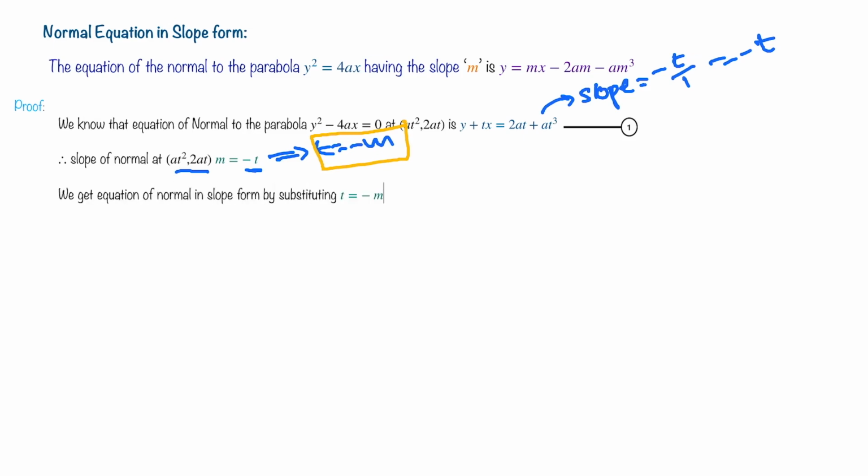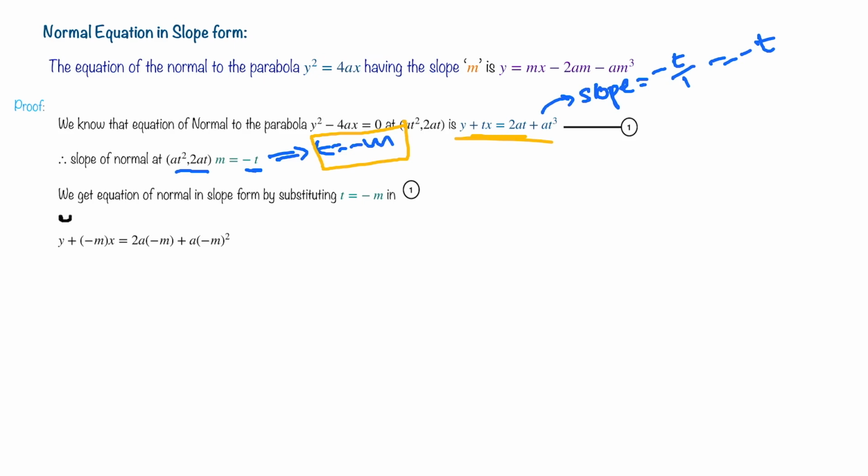We get the equation of the normal in slope form simply by substituting t equal to minus m in equation 1. So what do you get here? Replacing t with minus m in 1: y plus (minus m) times x equal to 2a times (minus m) plus a times (minus m) whole square.